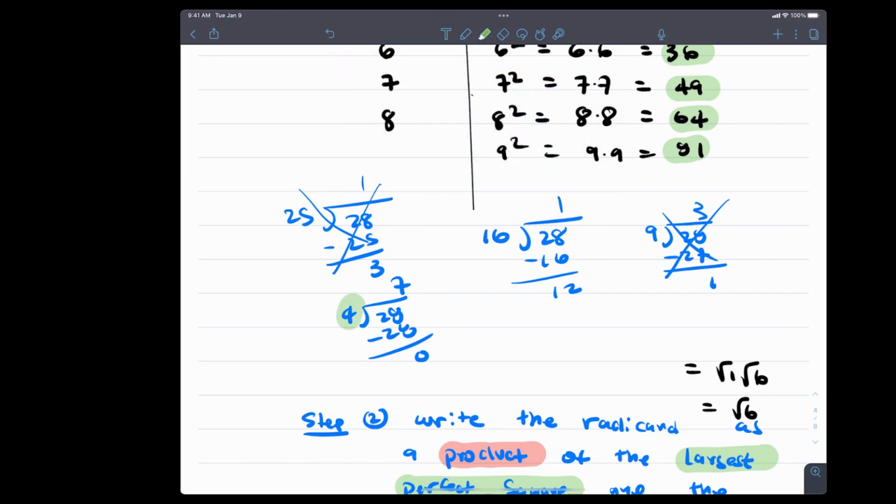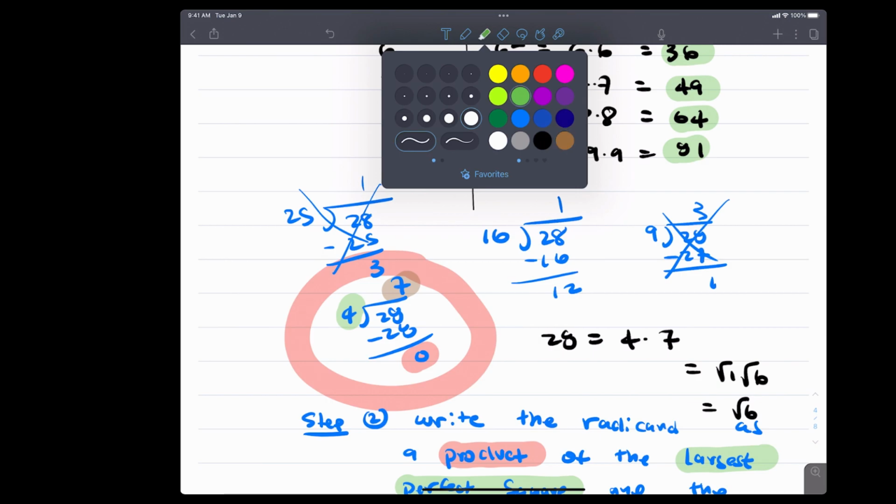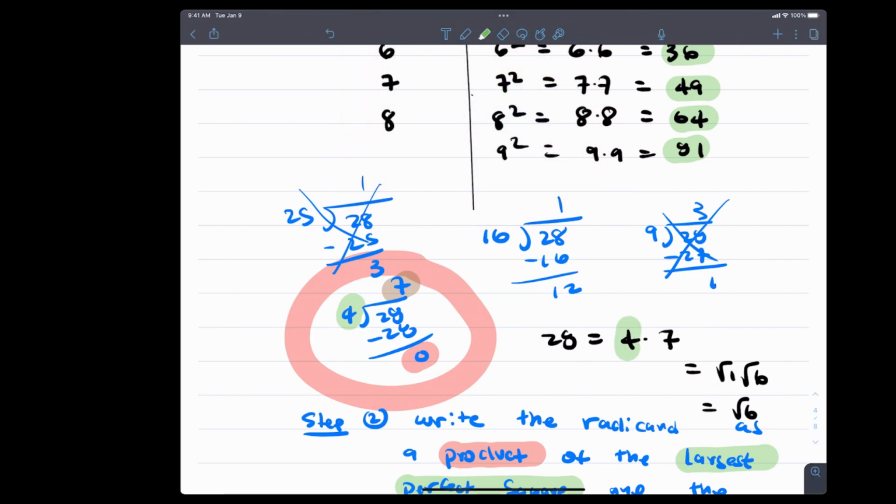Guess what that means? This is the largest perfect square. It's 4. All right. So what do you write down again? 28 is 4 times 7, where 4 is your largest perfect square. 7 is the quotient, ladies and gentlemen.